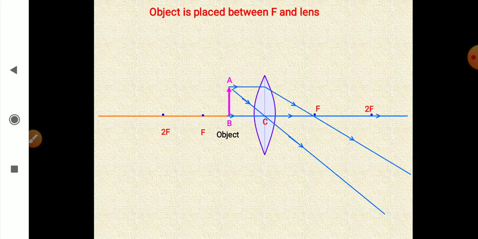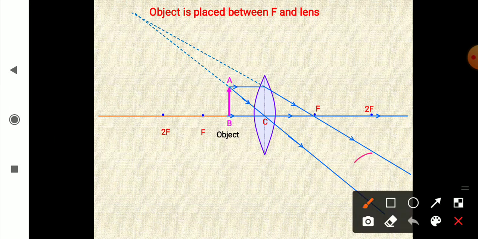So we produce them in the backward direction. I have produced one ray backward, and the other one also backward, and if you place your eye here, you will feel that the rays are coming from something placed here. Our brain imagines that way. When you get these diverging rays, our brain imagines that they are coming from this point, but actually there is nothing.